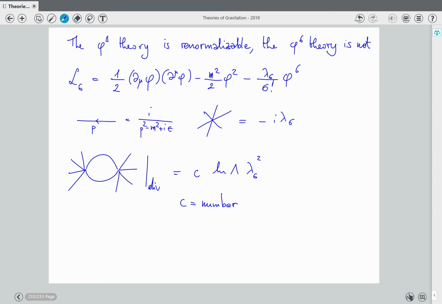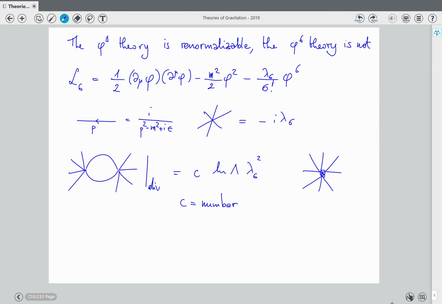But the point is that you cannot subtract this. This is local, fine. But this is a local counterterm with 8 external legs, because you have 1, 2, 3, 4, 1, 2, 3, 4.